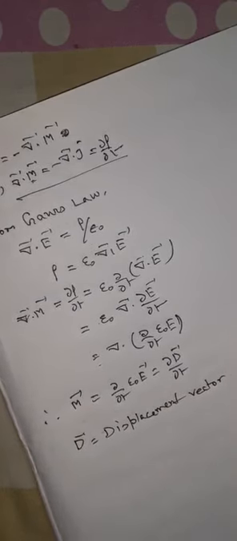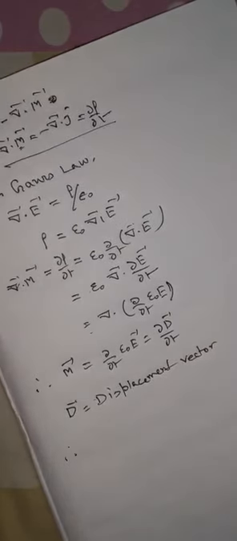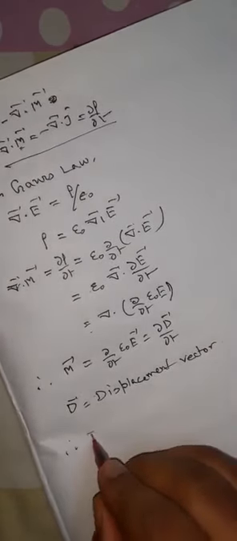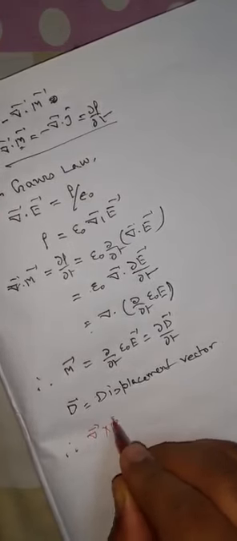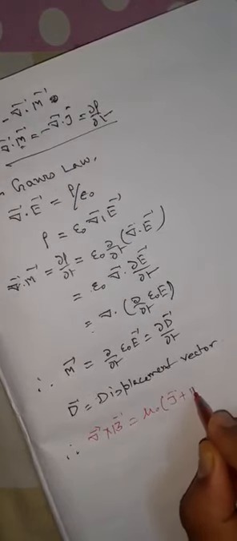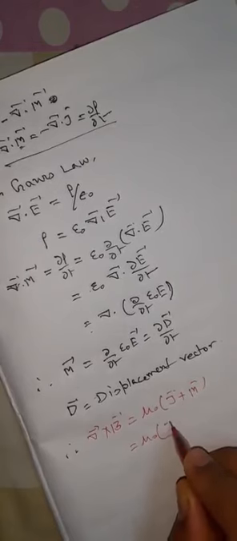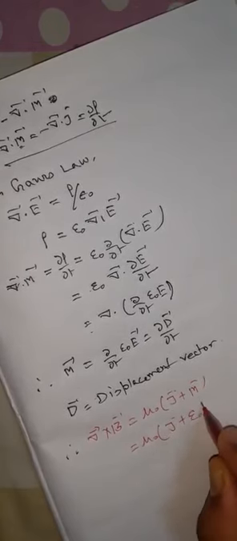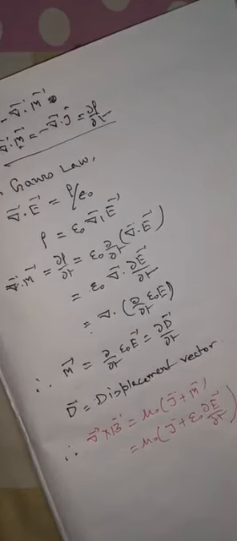Okay, so now we can write the modification. After the modification, curl of B is equal to mu 0 J plus M, which is mu 0 J plus epsilon 0 del E del t.